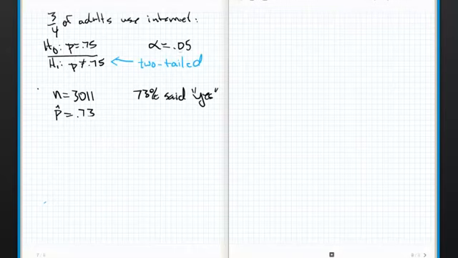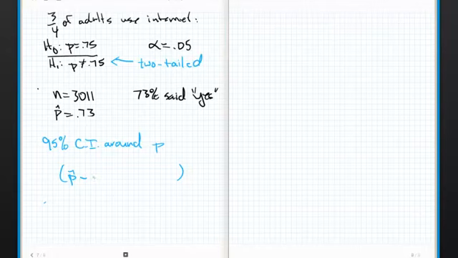So we're going to pick alpha equals 0.05, which implies that we're going to do a 95% confidence interval around p. This is the nice little boilerplate way to start. And we're going to see if 0.75 fits in that. Well, if you remember your formula, the confidence interval around p was what? You take p hat, right? And you subtract the error term.